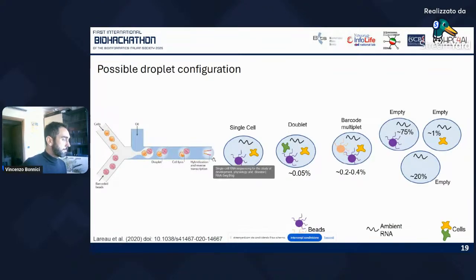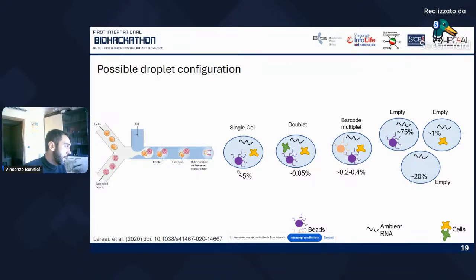But talking about single cell, what are the main problems? With these technologies, we have the oil, we have the droplets, and so on and so forth. Ramona told you about this.